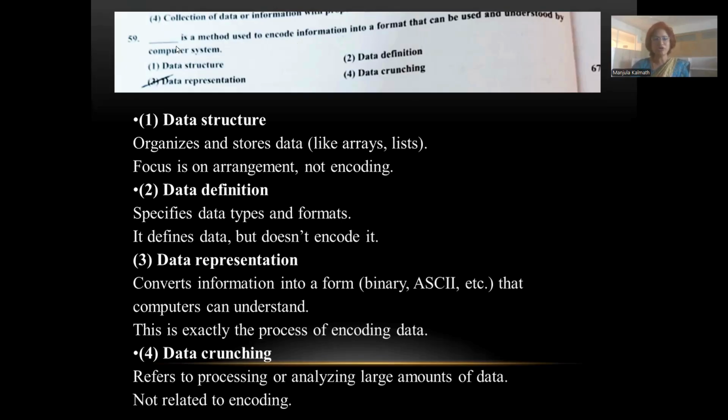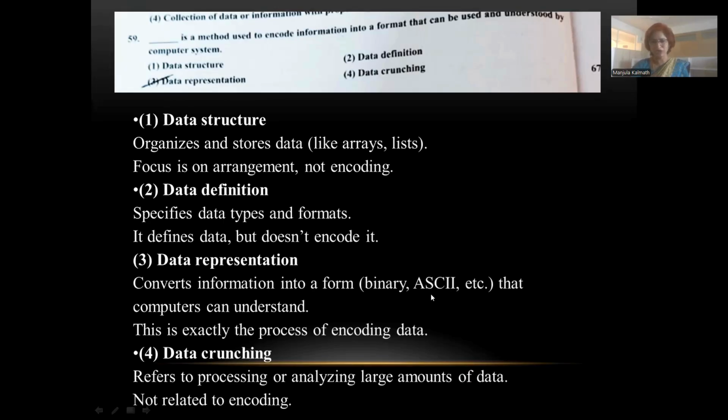So here we have the options: encoding techniques, data structure, data definition, data representation, data crunching. So here we have data representation. Data representation means representing high level data in the machine level format. For that, we have different inbuilt software components.